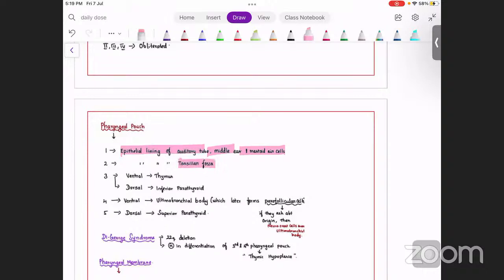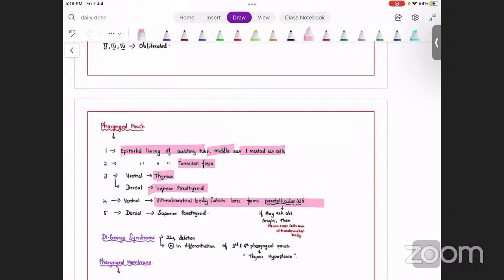Pharyngeal pouch 3 has 2 portions, a ventral portion and a dorsal portion. The ventral portion is thymus and the dorsal portion is inferior parathyroid. And the fourth one contains only the ventral portion, which gives rise to the ultimobranchial body, which later forms the parafollicular cells.